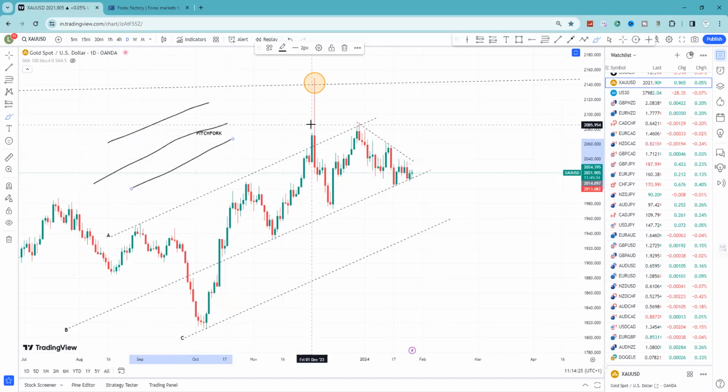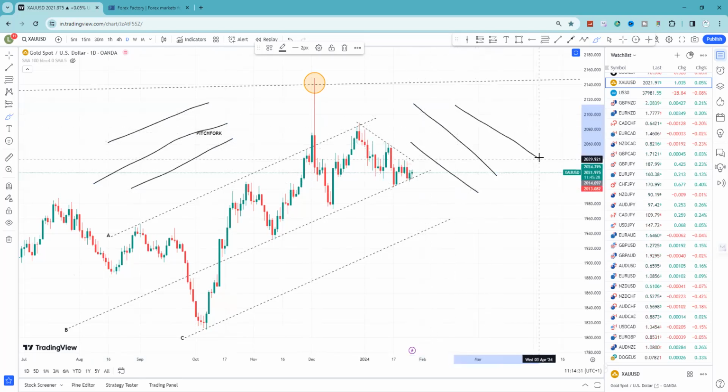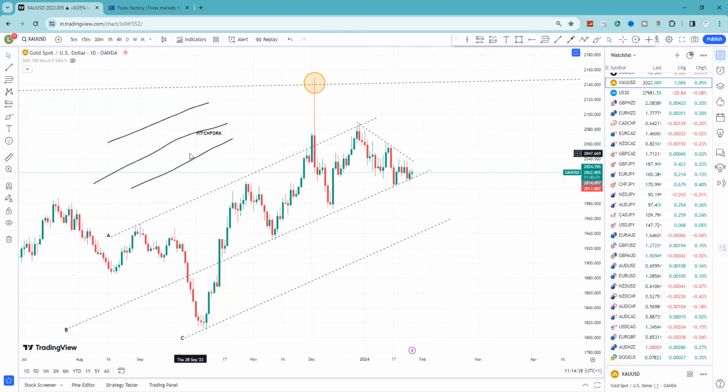Or if it's a bearish trend, it goes something like this, and like this. So probably you need to just check it out. It's simply used to measure channels, equidistance, and so much more in the market. Apparently you just need to understand the concept, maybe not necessarily use it.